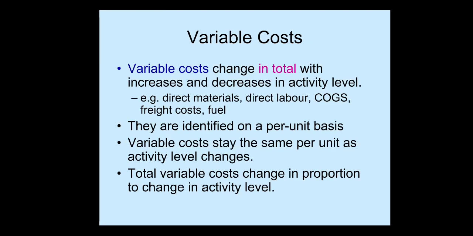Okay, so when you categorize cost according to its behavior, one of the categories is called variable cost. Imagine you are in a factory, and the factory produces something.